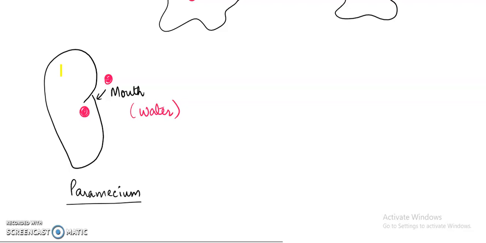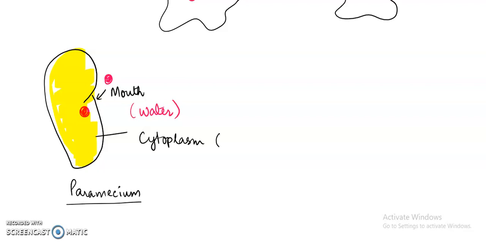Now here in the paramecium, throughout the inner side, we have a part which is known as cytoplasm. And cytoplasm continuously shows movement, right? So the movement of cytoplasm is known as cyclosis.